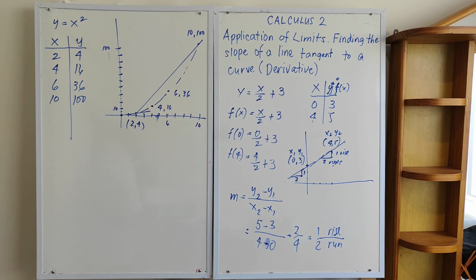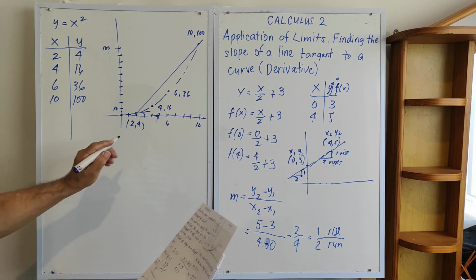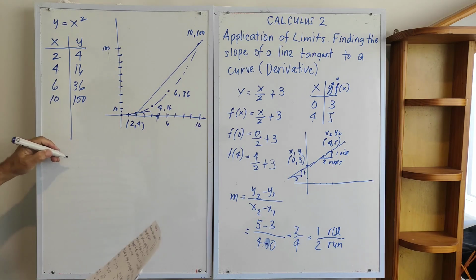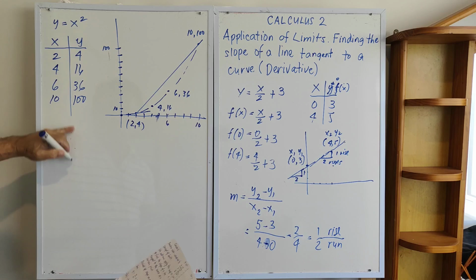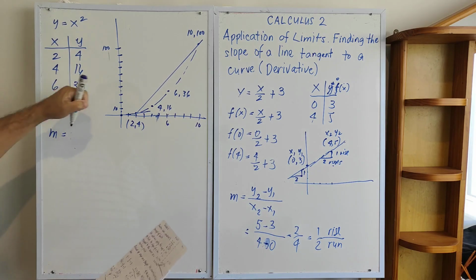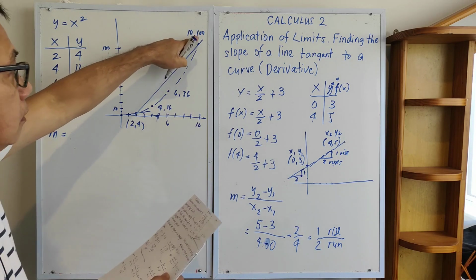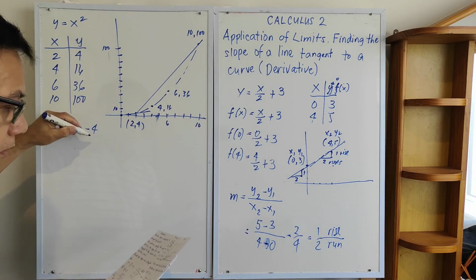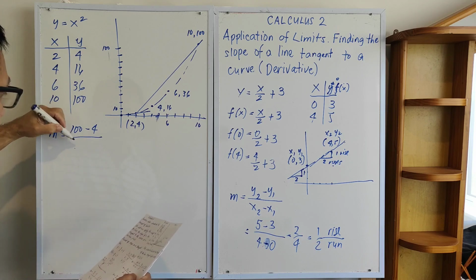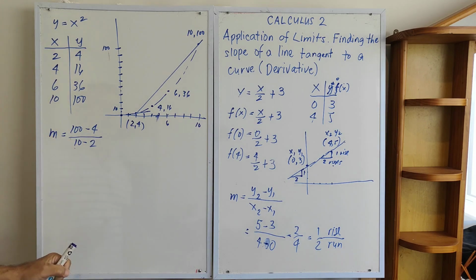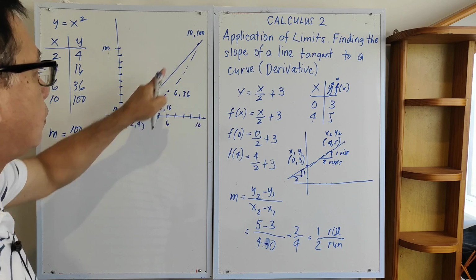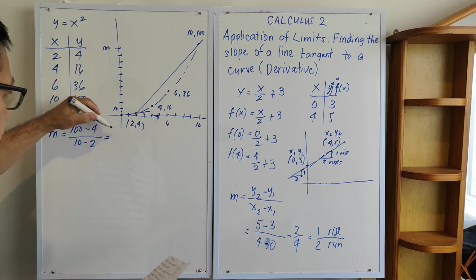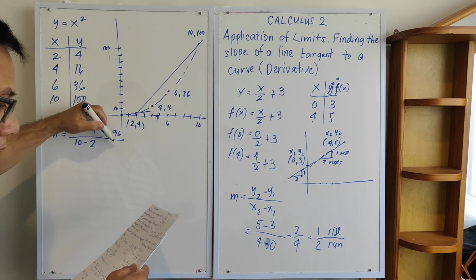what you will have is 100. So the slope of this one is y2 minus y1 over x2 minus x1: 100 minus 4 over 10 minus 2. 100 minus 4 is 96, 10 minus 2 is 8.